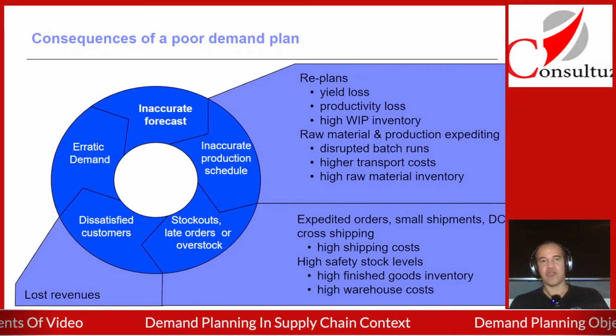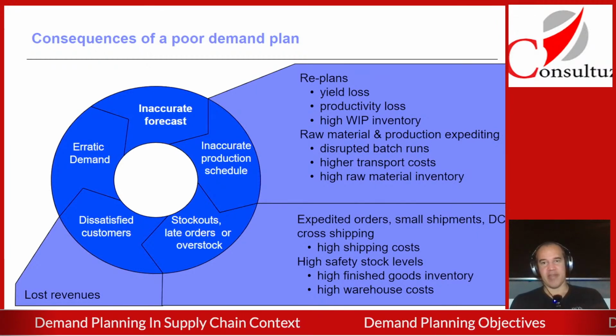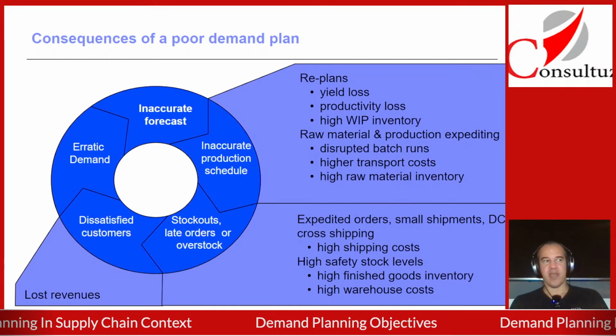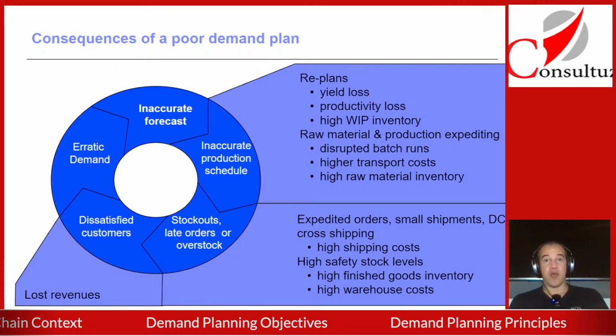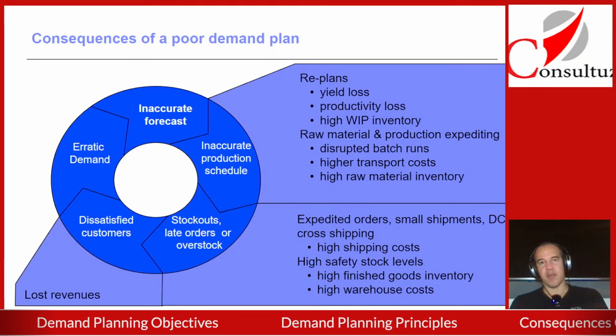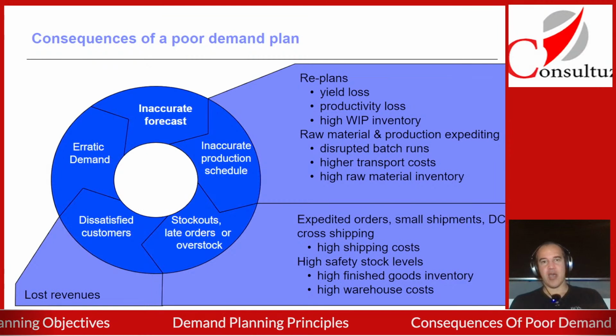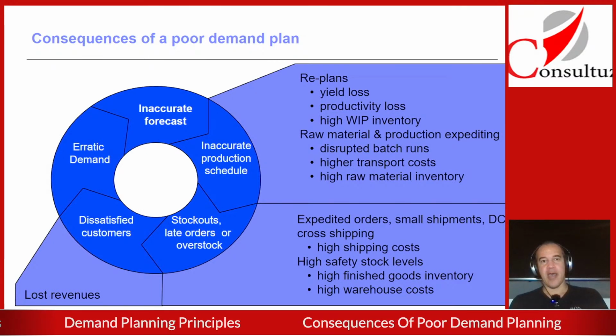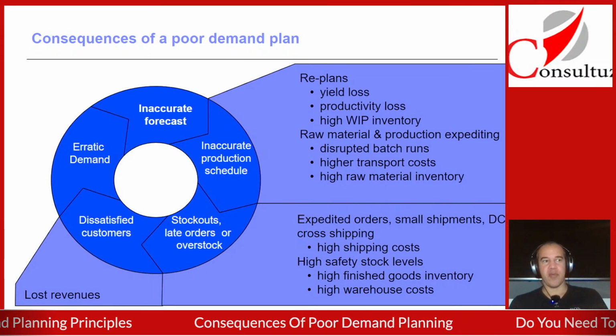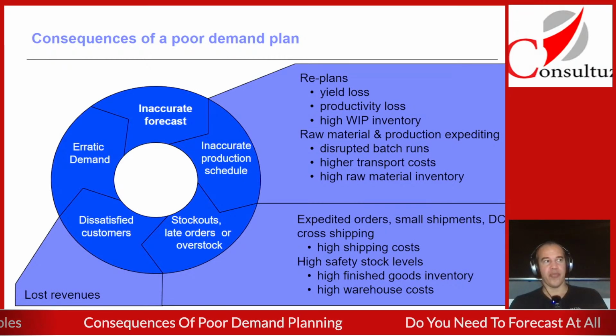And many large retailers and self-manufacturing companies will work to something quite similar. Ultimately, what you don't want is dissatisfied customers and customers that may go elsewhere in the instance that you can't supply them with the product that they need and want.